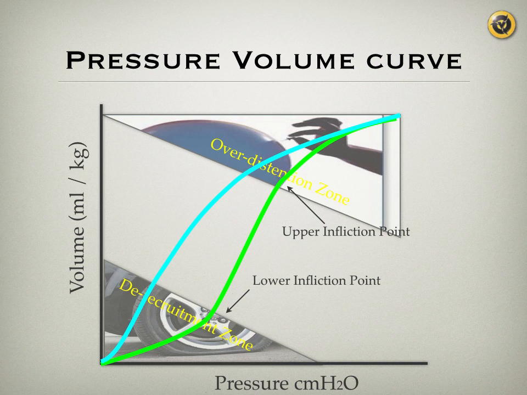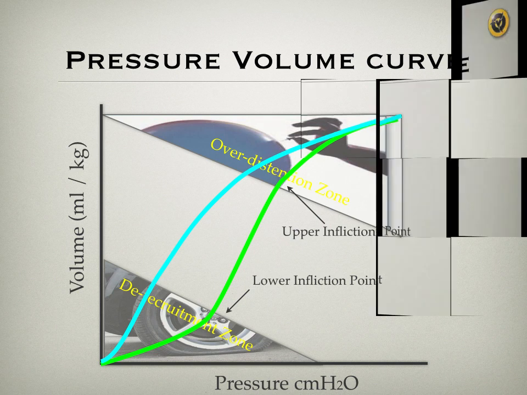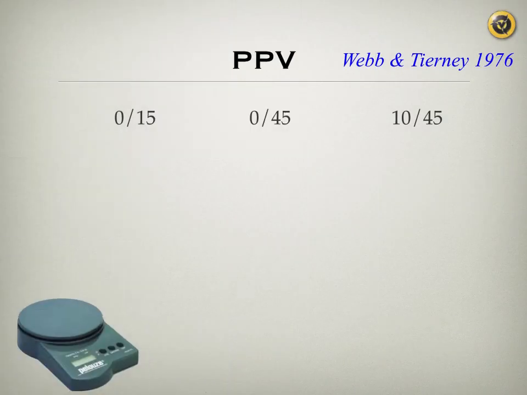This is a very old study done in 1976 where Webb and Tyler demonstrated a very interesting concept, the protective effect of PEEP. What they did is they got animals and ventilated them with different pressures for hours, and then they cut out their lungs and weighed them on the scale.